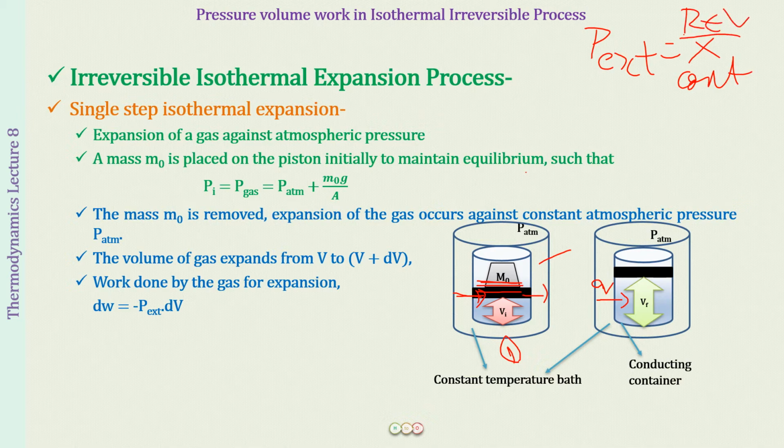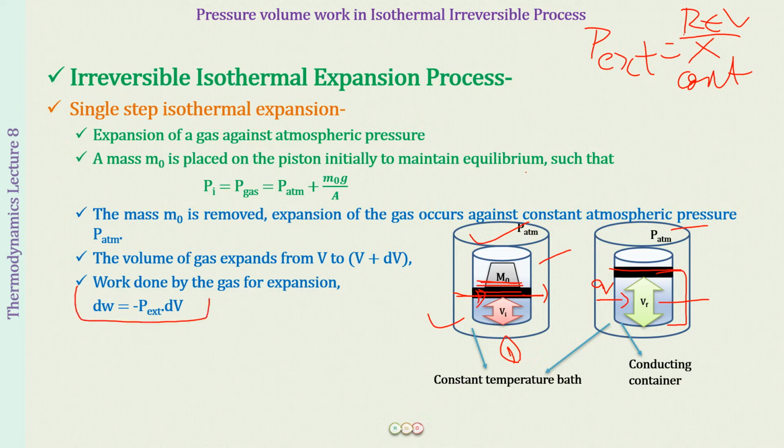But in the irreversible process, the process is happening very quickly. There is no point between the initial and the final state at which the process is able to establish an equilibrium between the external pressure and the pressure of the gas. It is only at the final state that the pressure of the gas will again become equal to the atmospheric pressure.